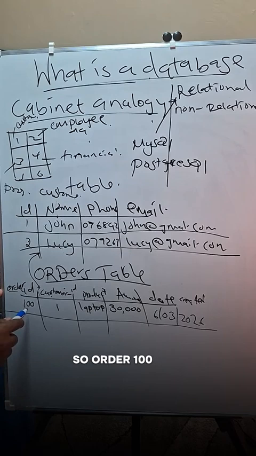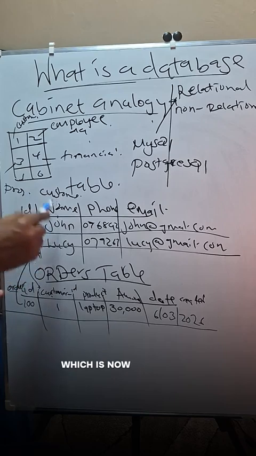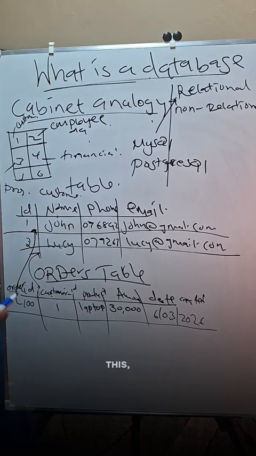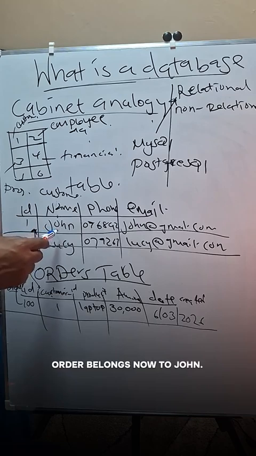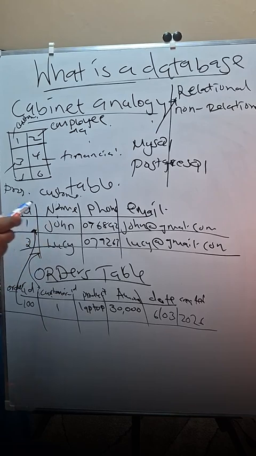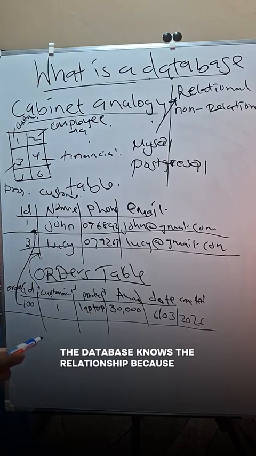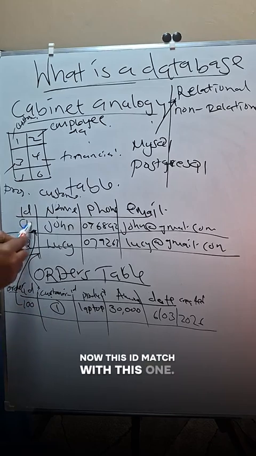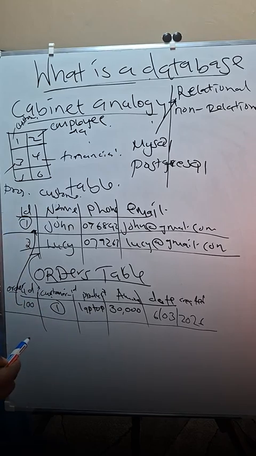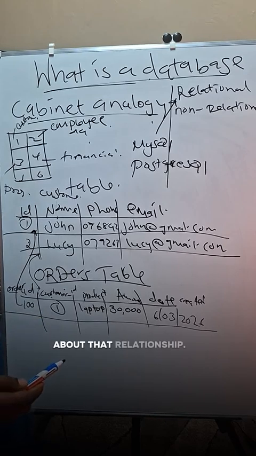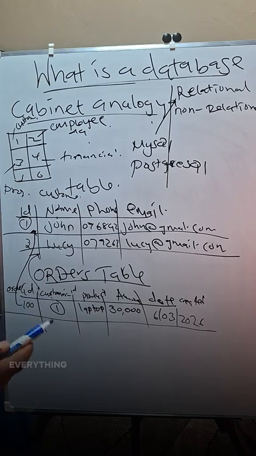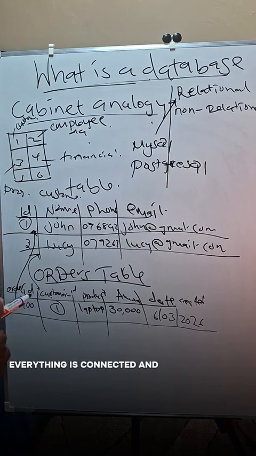Order 100 was placed by the customer who is John. So we can see the connection: this order belongs to John. The database knows the relationship because the IDs match. This is why databases are so powerful. Everything is connected.